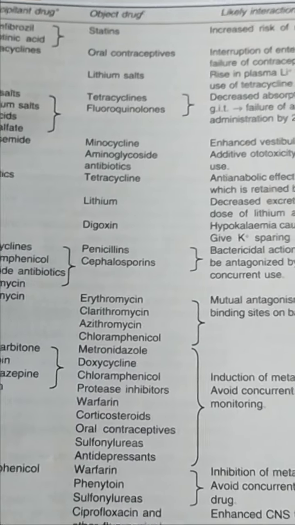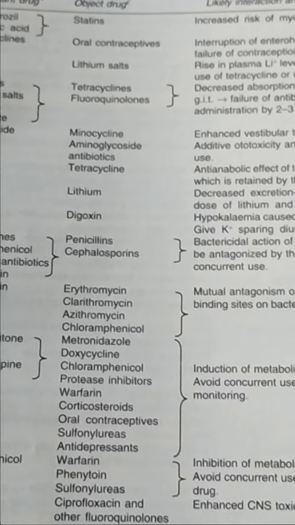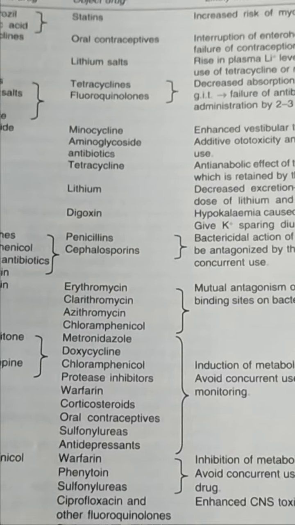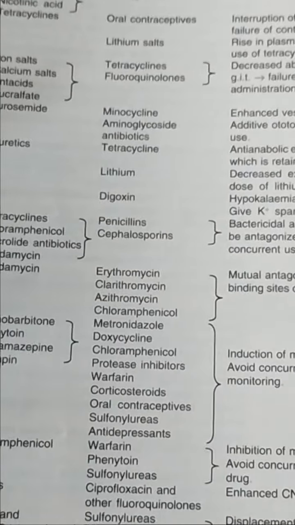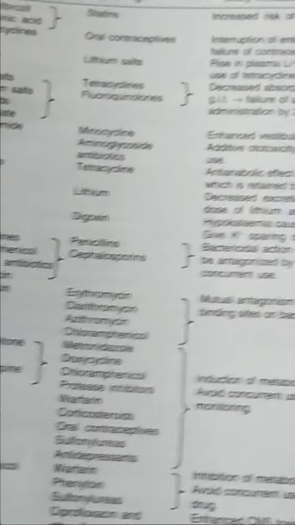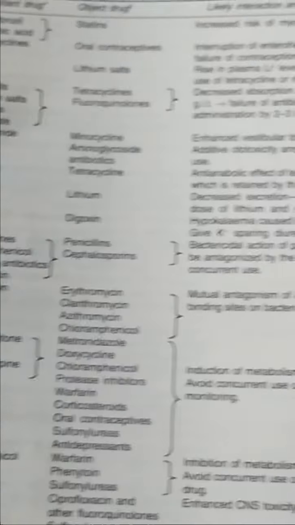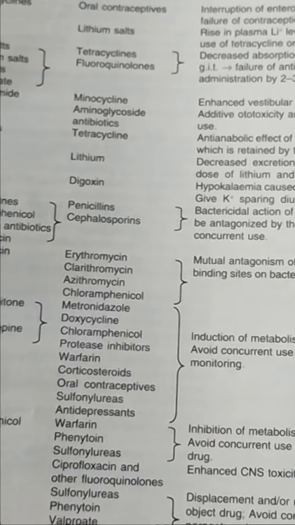If you are taking oral contraceptives, you have to avoid tetracyclines, and when administering tetracyclines, you have to avoid oral contraceptives. The doctor will avoid this contraindicated combination of drugs.